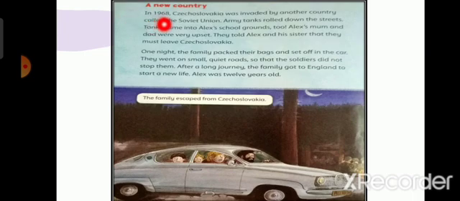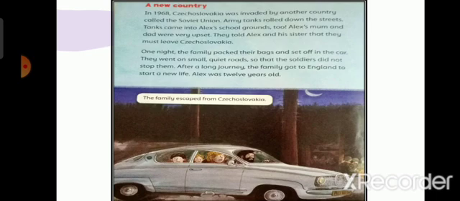In 1968, Czechoslovakia was invaded by another country called the Soviet Union. What is the meaning of invaded? Invaded is when an armed force enters a country or a region to occupy or attack it.